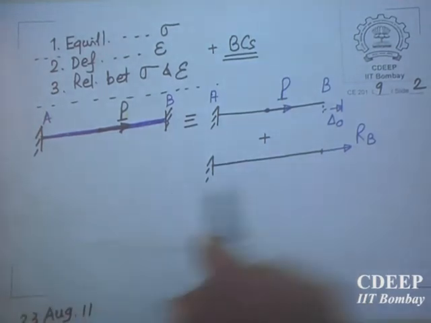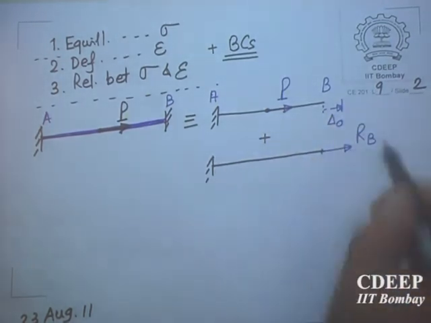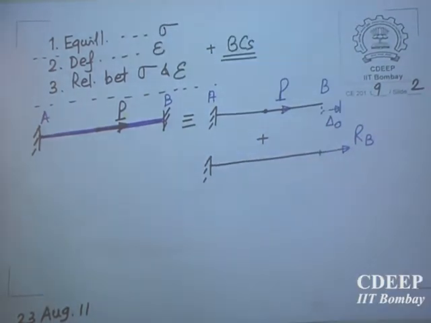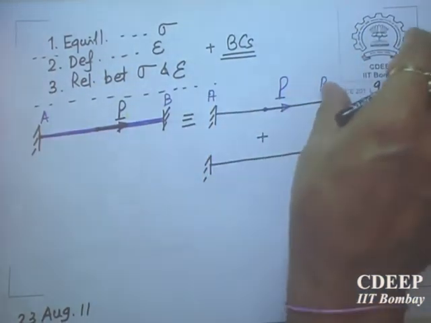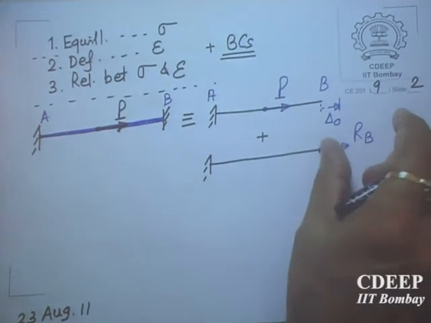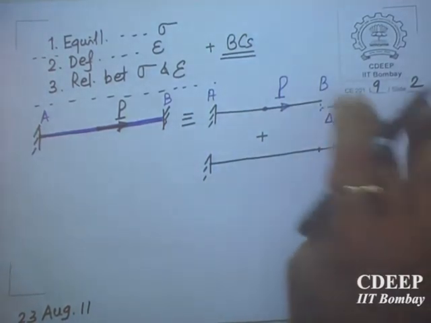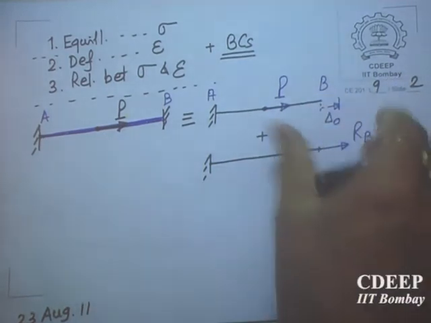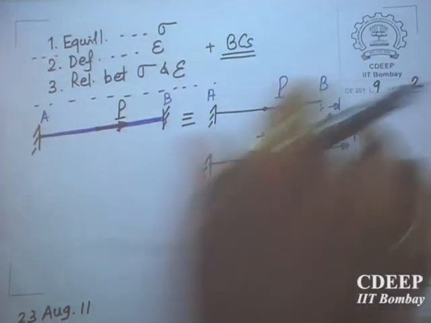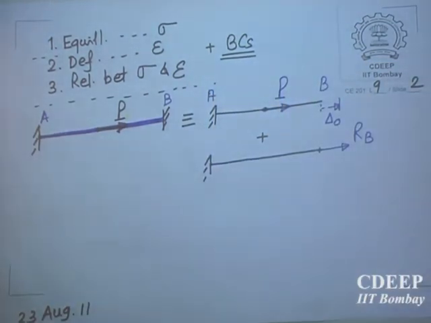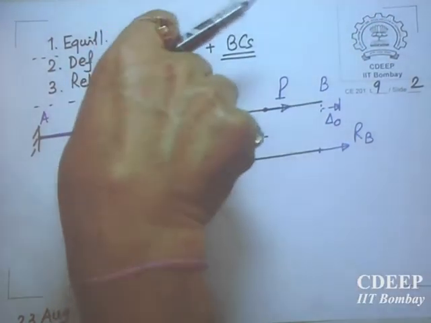So if I can superpose the two solutions, a solution of this and a solution for this. Now I have split this problem into two problems. One is statically determinate, and another also is statically determinate with a reaction. But then how do I make these two solutions equal to the original? With RB, such that these two problems represent this.